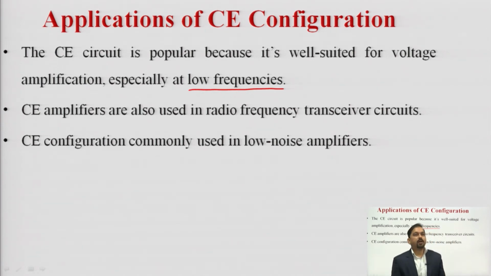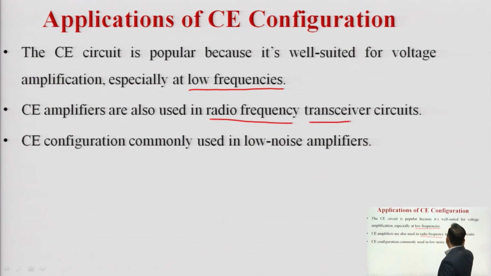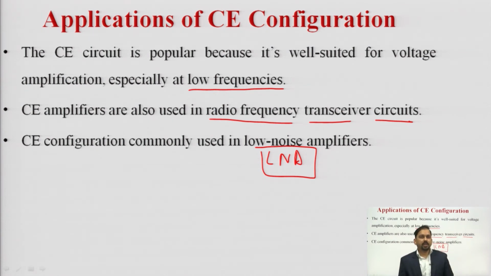Again, common emitter amplifiers are also used in RF transceiver circuits, radio frequency transmitter and receiver circuits. Also, this configuration is commonly used in LNAs, which are low noise amplifiers. So, these are the application areas of common emitter configuration.